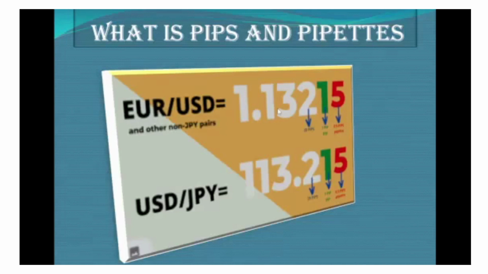For instance, if Euro USD moves from let's say 1.51542 to 1.51543, it has moved just 1 pipet, if you are calculating and adding this 5th decimal place.